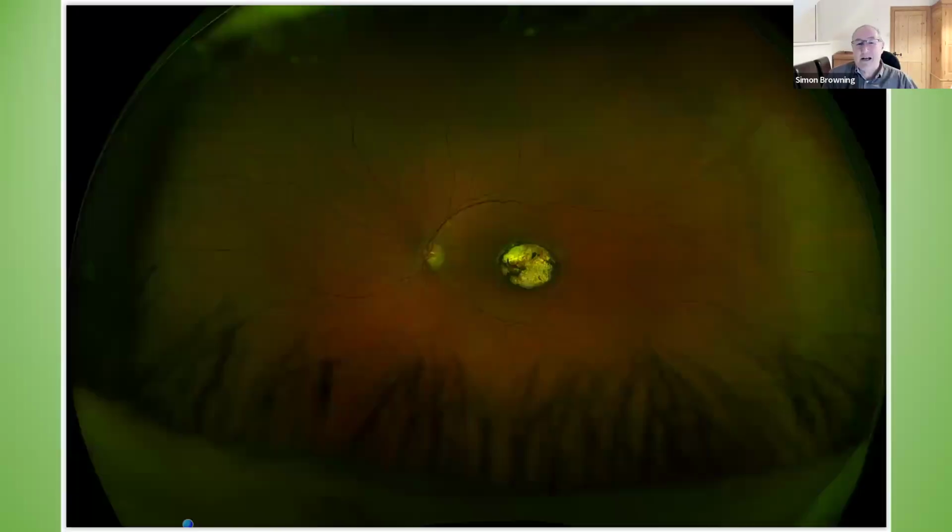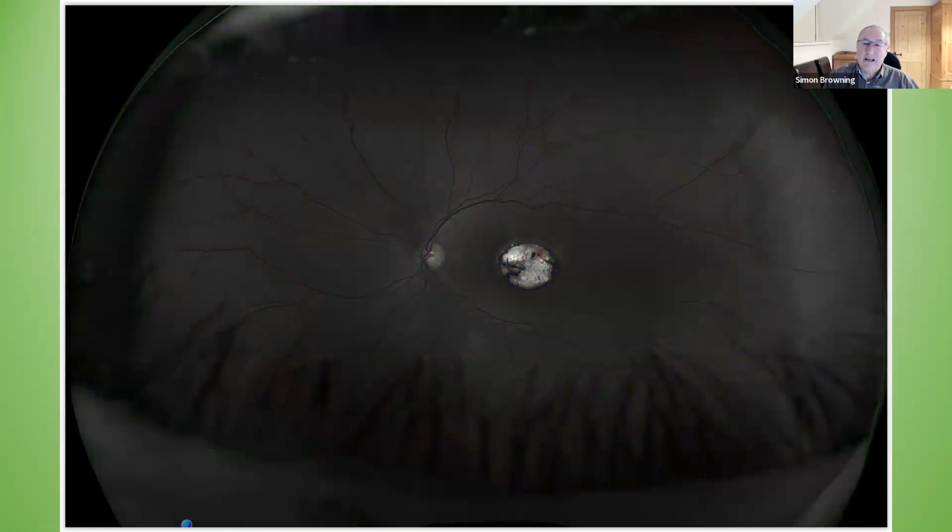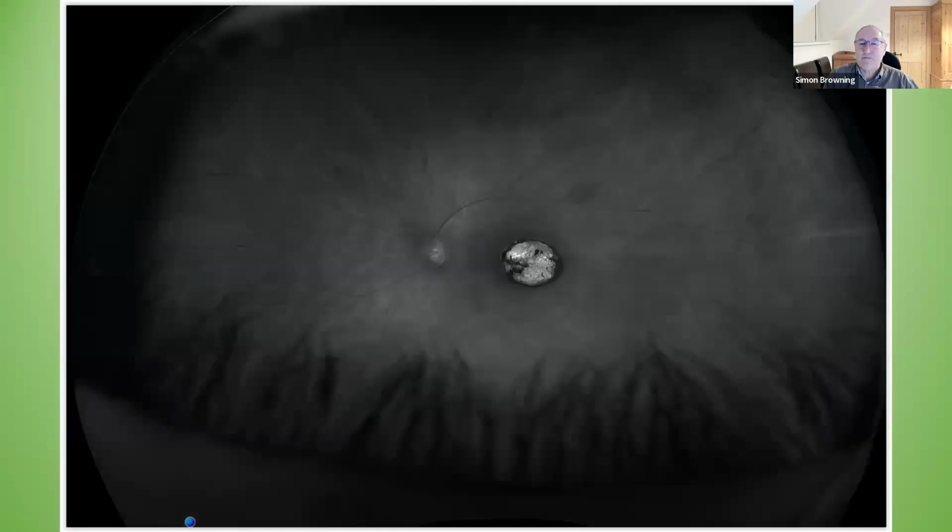Here we see a classic toxoplasmosis scar. Now, this patient is probably going to be severely sight impaired. But the reason I've shown you this one is because with a lot of lesions, you can tell so much by what's going on around the margins here. And you can see just how well demarcated this lesion is. If it's a well demarcated lesion, then it's very likely to be dormant.